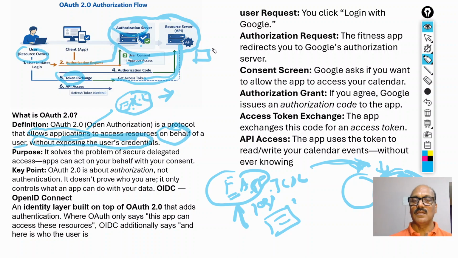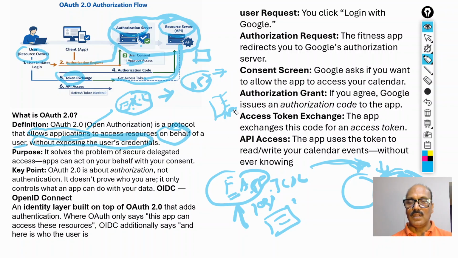Google contains so many components: Google Drive, Google Sheets, Gmail, everything. But the fact that I have just given my account doesn't mean that the fitness app can access everything. It can access only based on the API. API means application programming interface, right? If you want to interact with any other application, that application exposes APIs, through which only you can access.